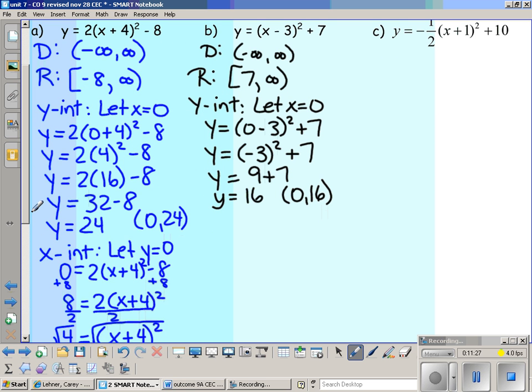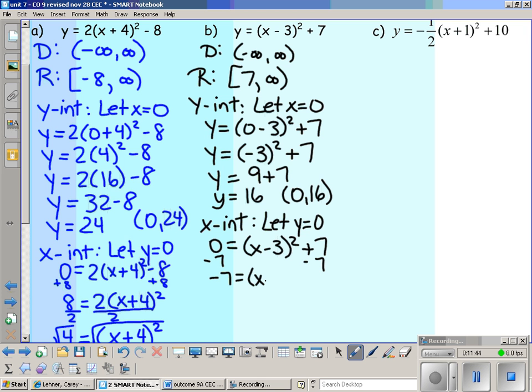To find your x-intercepts, you let y equal 0. So we've got 0 equals x minus 3 squared plus 7. We subtract 7. We have negative 7 equals x minus 3 squared. There's nothing in front of the brackets to divide by, so now we square root. Now, try square rooting negative 7 on your calculator.